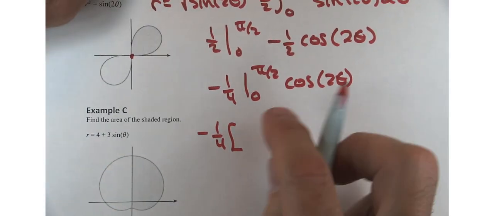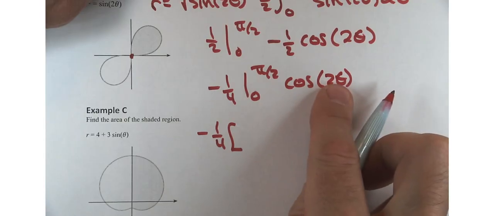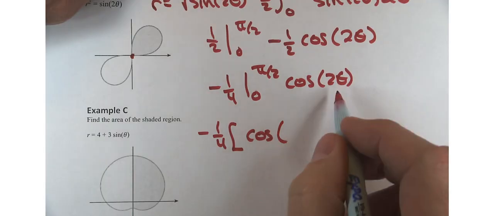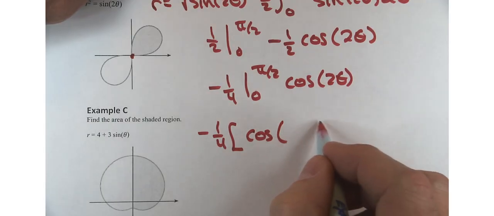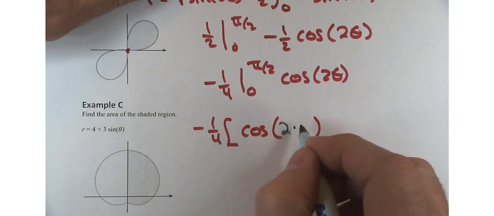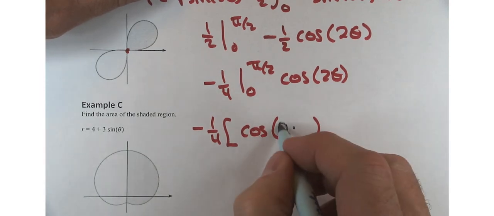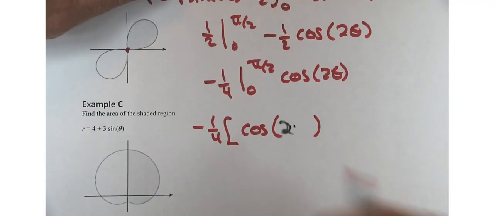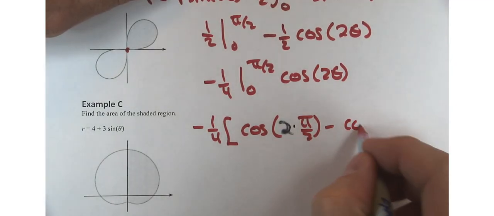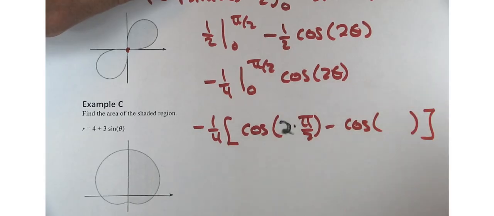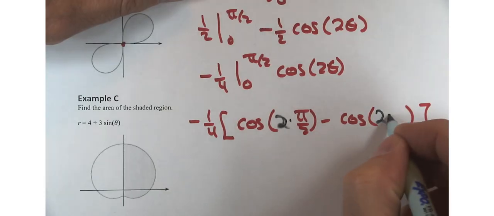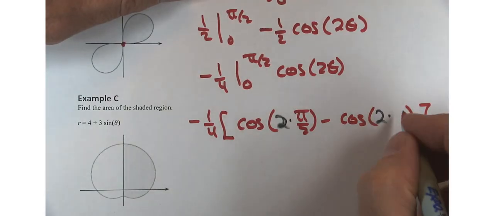Then what? Cosine of 2 times pi over 2 is really going to be cosine of pi. Well, let's see. I'll actually write it out here. It's going to be cosine of 2 times pi over 2 minus cosine of 2 times 0.